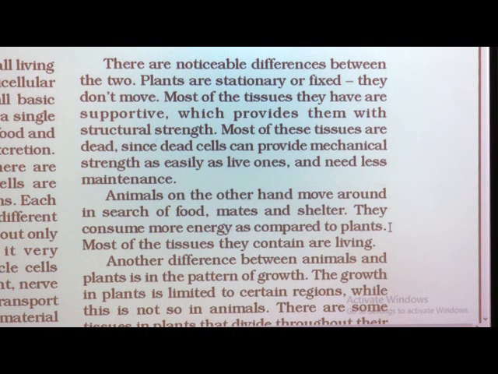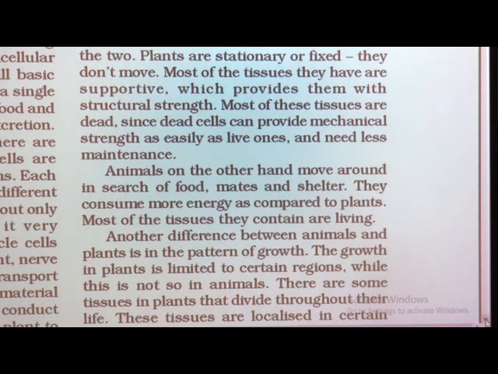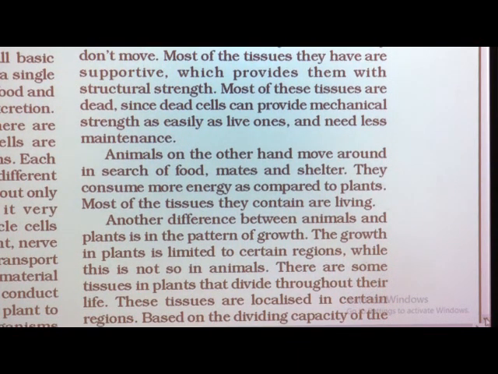That is why plants consume less energy, but animals consume more energy as compared to plants. Most of the tissues they contain are living. So, in plants we find mainly dead tissues, whereas in animals most of the tissues are living tissues.